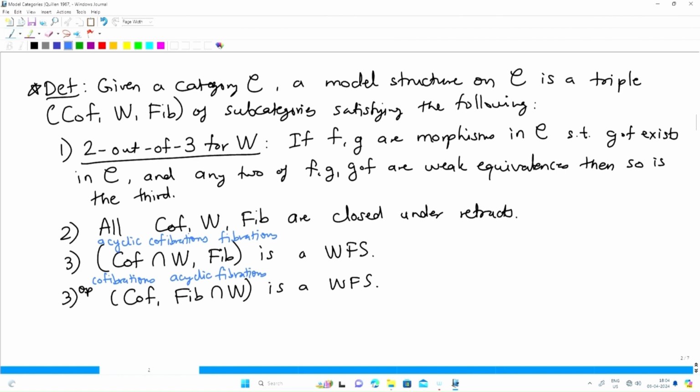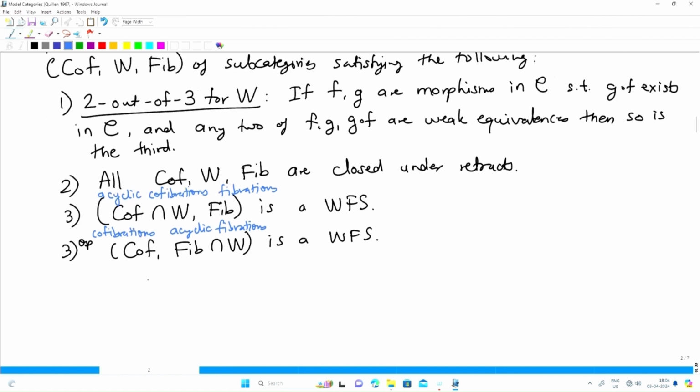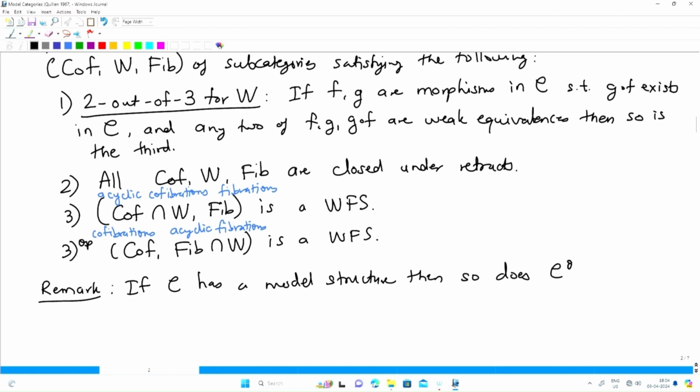So if C has a model structure, then so does C-op. I already described what it is. So remark: if C has a model structure, then so does C-op. The roles of fibrations and cofibrations will get reversed.